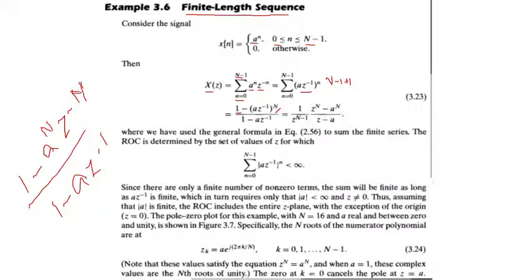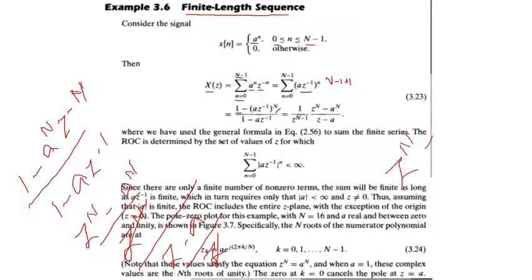If you solve this numerator, you can write z raised to the power n minus a raised to the power n divided by z raised to the power n, divided by z minus a divided by z. This z gets cancelled with this one, and we are left with z raised to the power n minus a raised to the power n divided by z minus a, times z raised to the power n minus 1, because this z gets cancelled with one z from z raised to the power n.